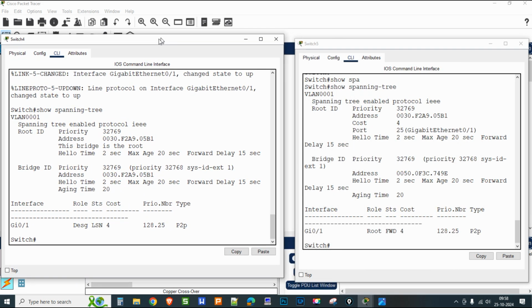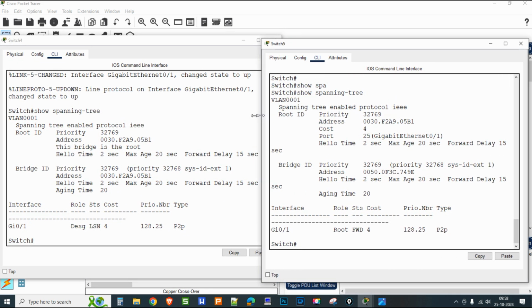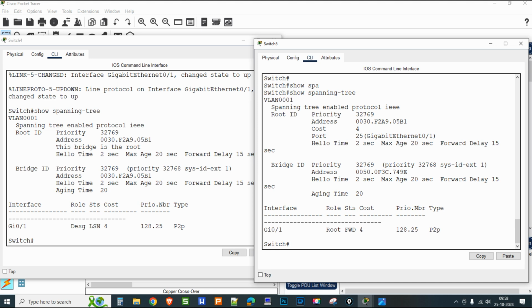Switch 4 is on the left side. Both switches have the same priority value, but the MAC addresses are 0030 F2A9 05B1 and 0050 0F3C 749E.